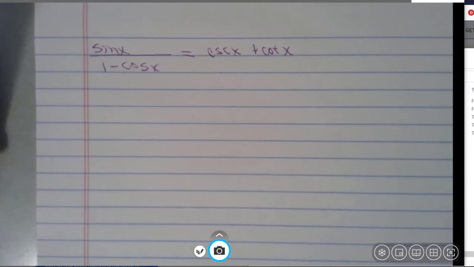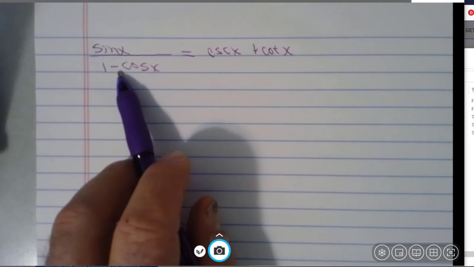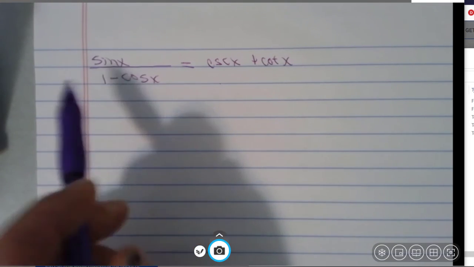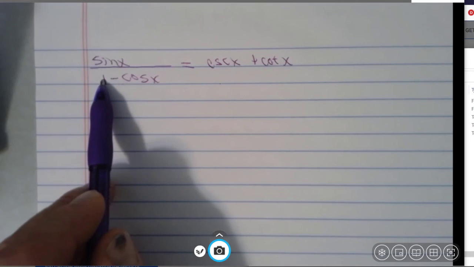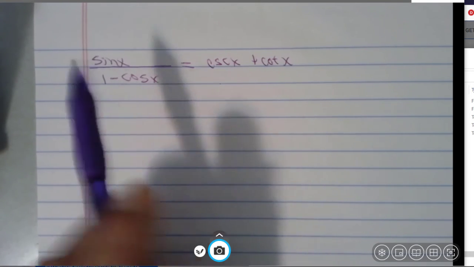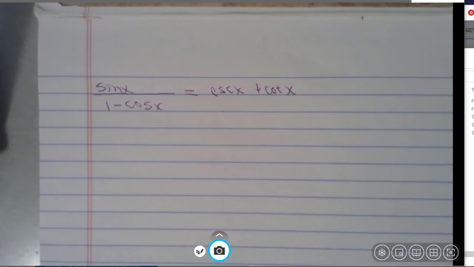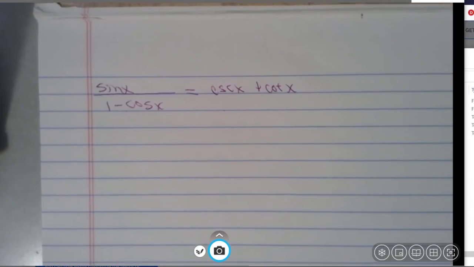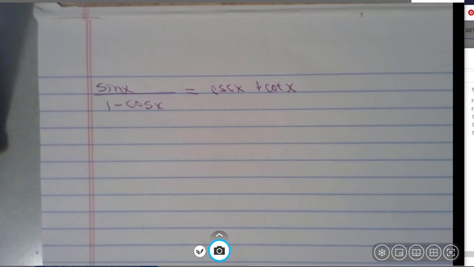Okay, warning, warning, warning. There is a mistake waiting to be made here. Sometimes people look at this and they want to say, oh, that's sine of x over 1 minus sine of x over cosine of x. Well, it's not. And of course, those people are not just making things up. They're remembering a similar pattern.